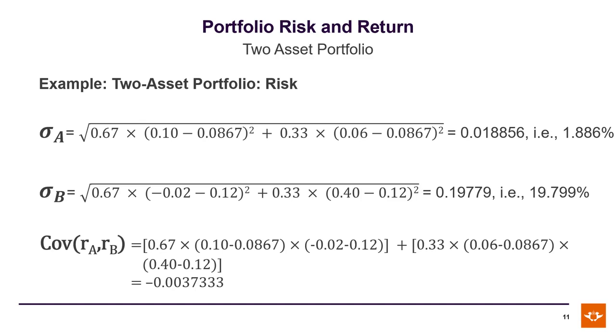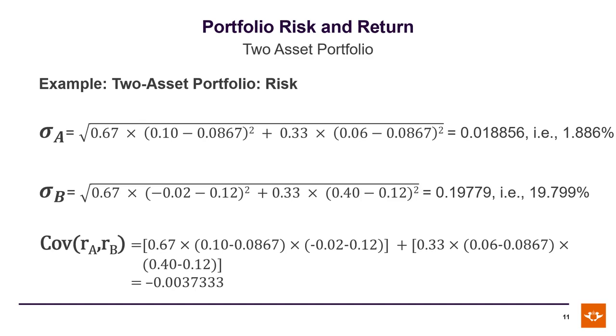So when stock A generates 10% return, actually stock B generates a negative 2% return in an expansion phase. And when stock B generates a positive 40% return, even though the return for stock A is positive, it's actually significantly smaller. So the covariance again substantiates the differences in the risks between these two assets and the fact that they move in opposite directions to each other.